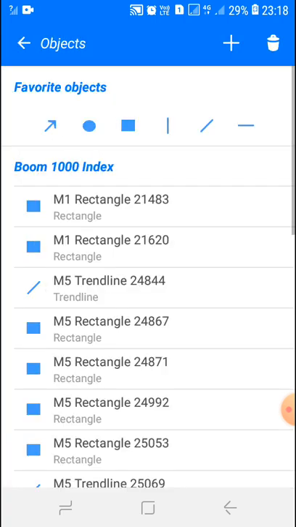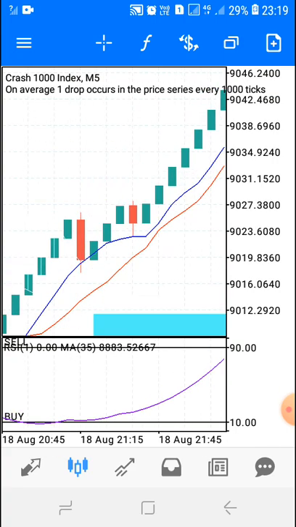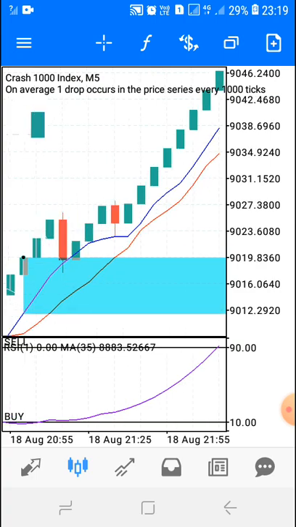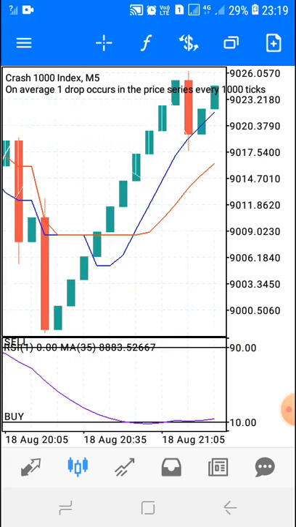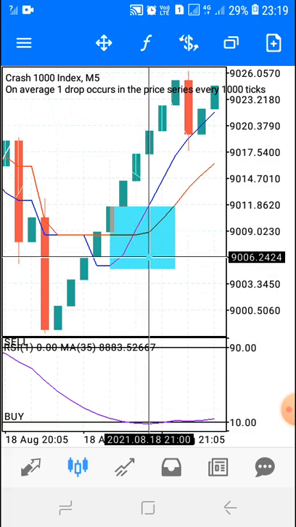This is our crossover over here. Let me remove the rectangle. That's our crossover, so that's your first confirmation, second confirmation.